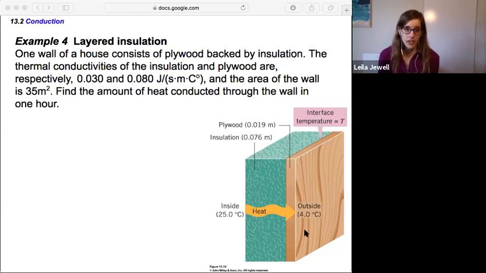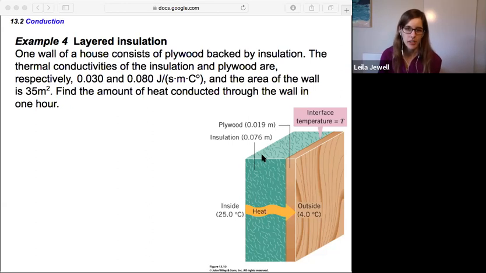So as we're thinking about this, one thing that's really important to note is first what's given, right? We have our thermal conductivities, our K values given, so we don't have to look in the table. They also give us the area of the wall. What else? Well, notice they have some more information packed into here. They have the thickness of the insulation and the thickness of the plywood, which we notice the plywood is much thinner than that of the insulation.